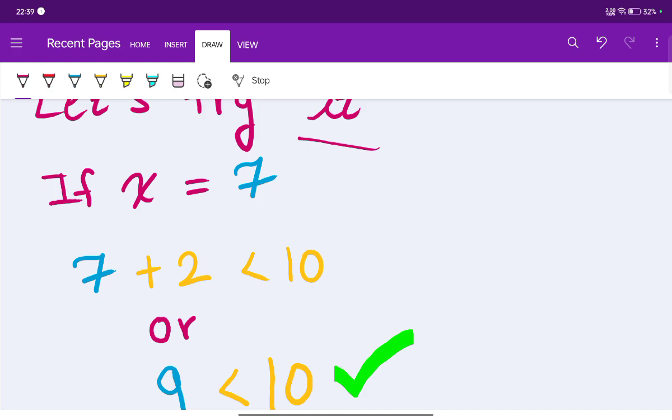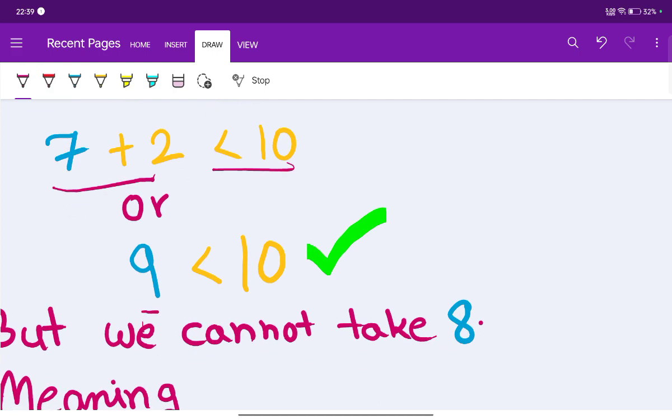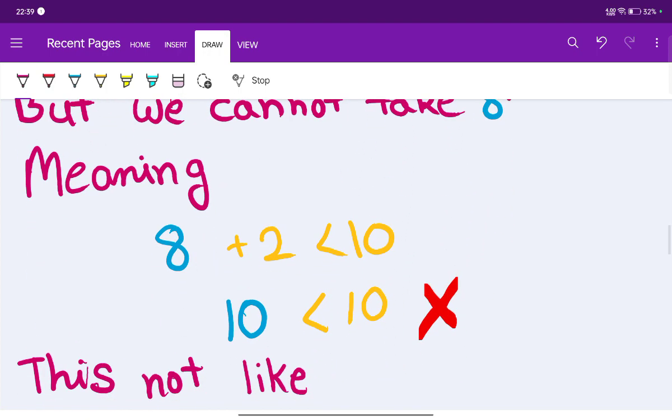If x is equal to 7, then 7 plus 2 is less than 10, or 9 is less than 10, and this is correct. But we cannot take 8, because 8 plus 2 is less than 10 would mean 10 is less than 10.